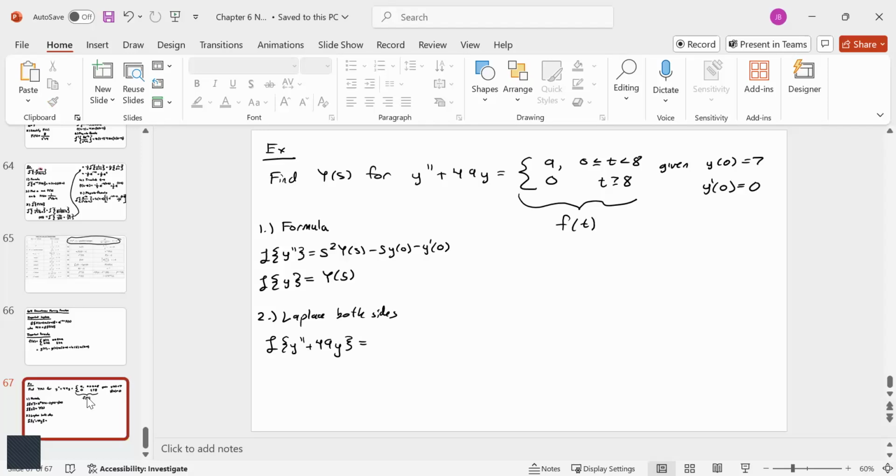In the directions, they might say f of t, and then off to the side define what f of t is. So I'm just going to define it as f of t, just for the sake of simplicity. I don't have to write down that whole piecewise function.